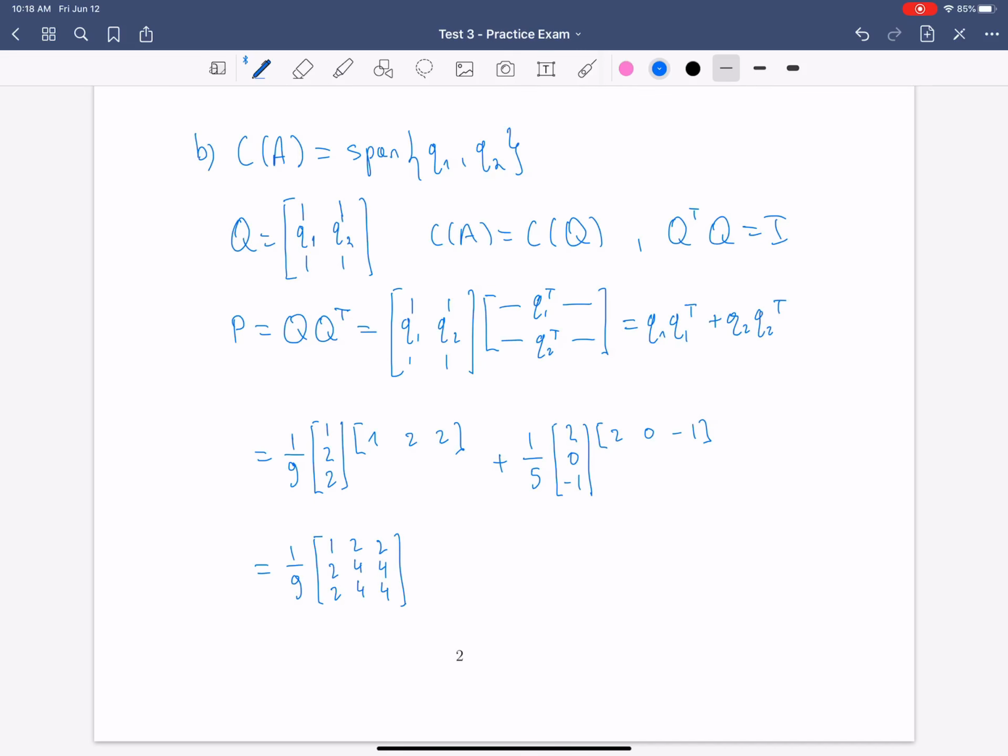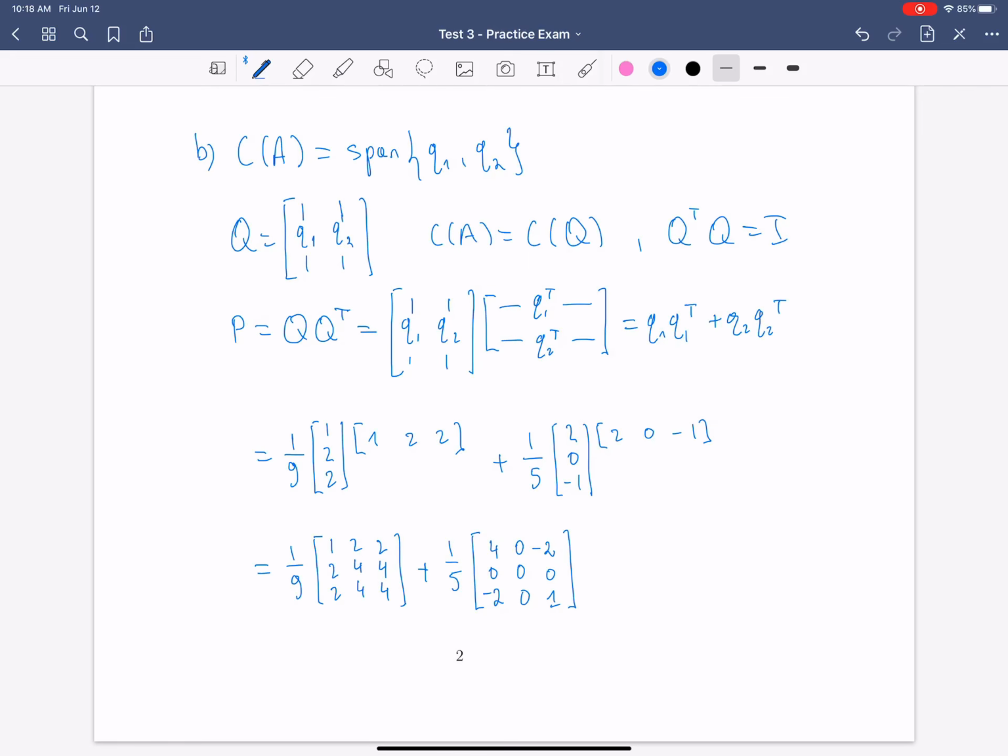So this is a symmetric matrix, and this is a symmetric matrix. Then we have plus 1/5 times 4, 0, negative 2, 0, 0, 0, negative 2, 0, 1. You see that's again symmetric.